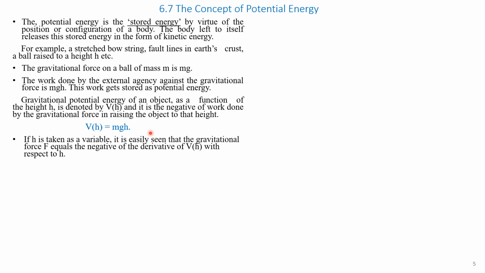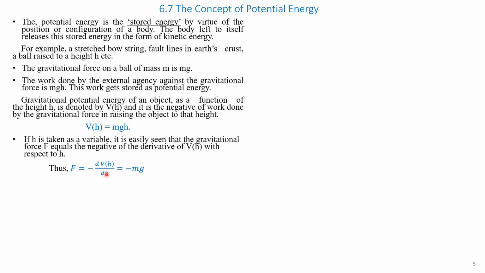If h is taken as a variable, it is easily seen that the gravitational force F equals the negative of the derivative of V of h with respect to h. Thus, F is equal to minus dV by dh.